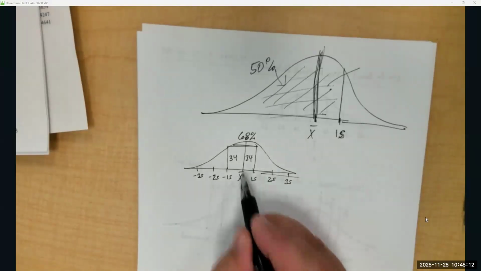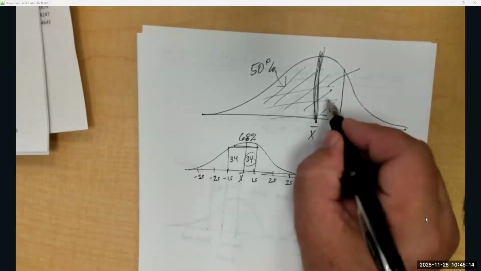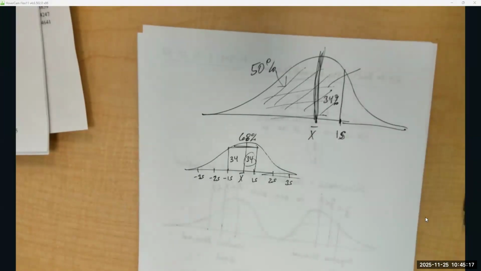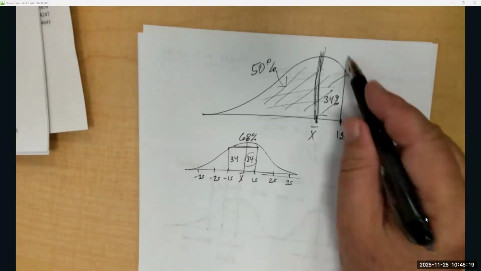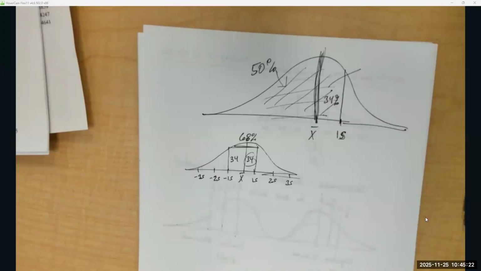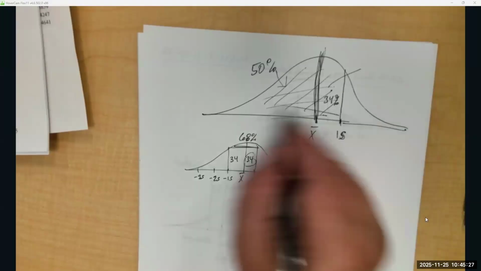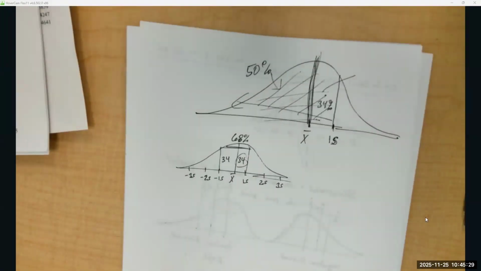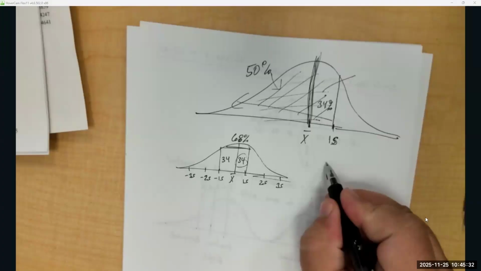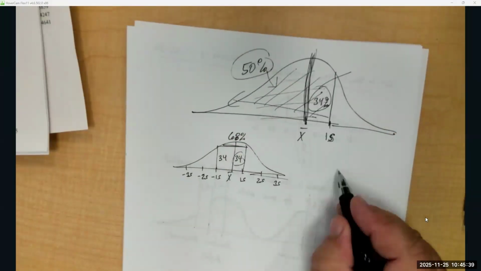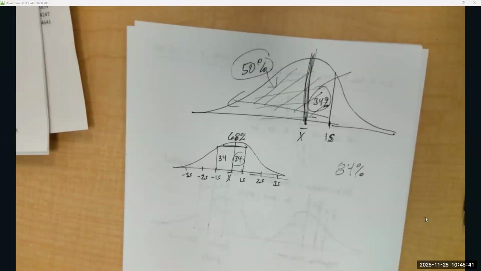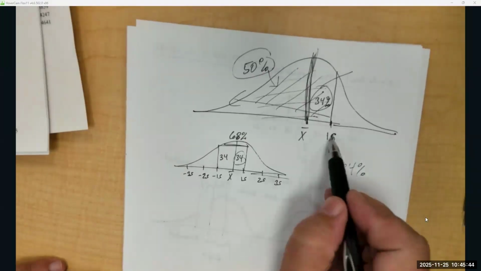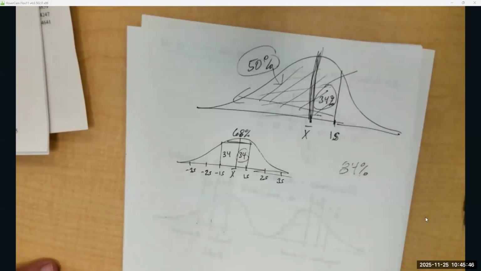So here's my mean, one standard deviation. So I know there's 34% of the data there. So how much is less than one standard deviation? So how much is here? No, even easier. Would I just take 50 and add 34 to it? So 84% of my data is below my one standard deviation.